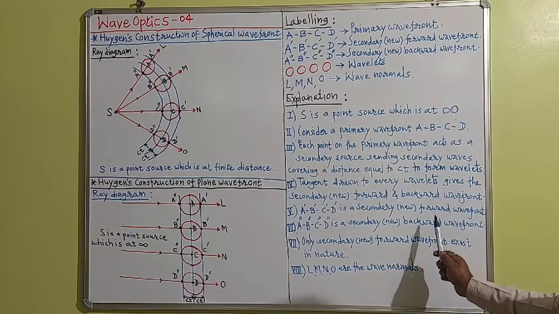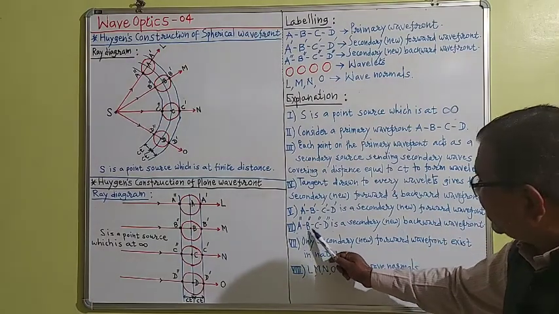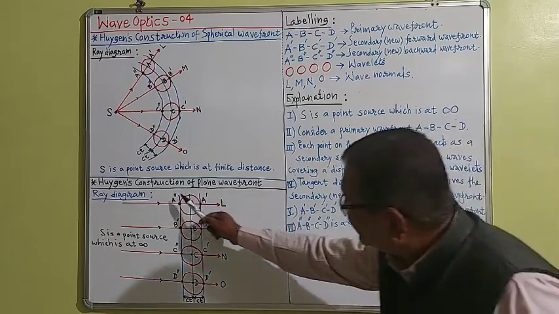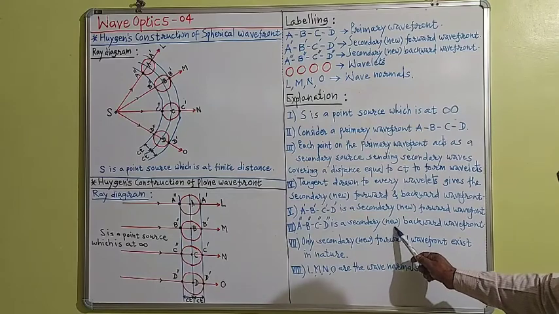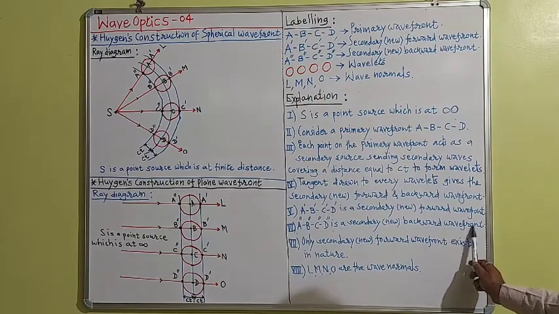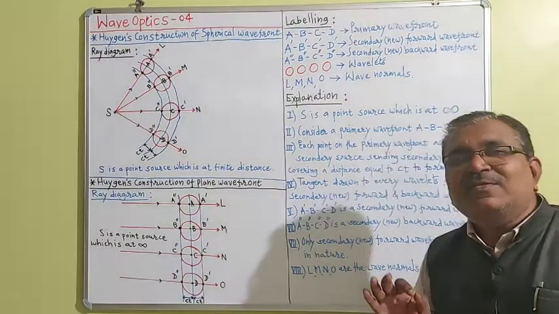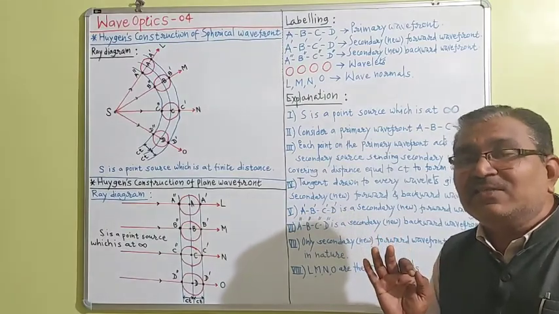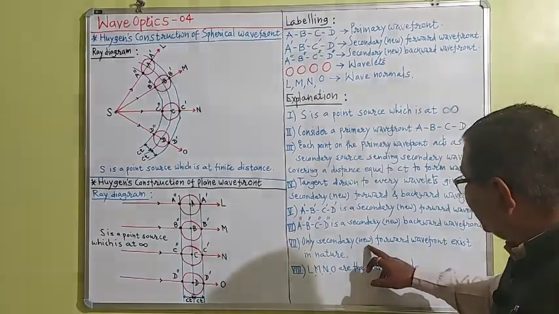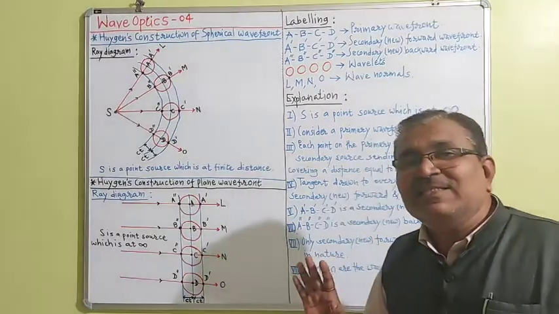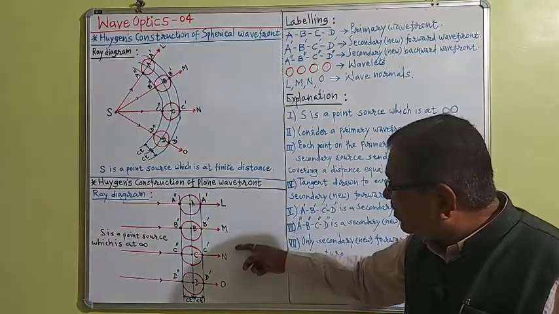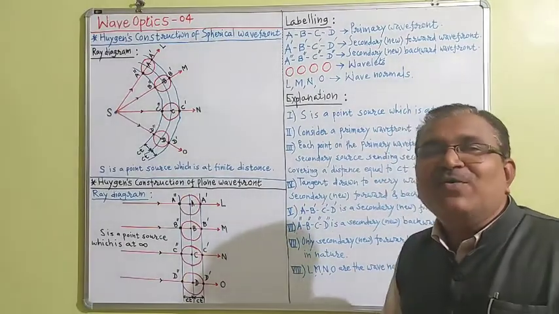A double dash, B double dash, C double dash, D double dash is a secondary (new) backward plane wavefront. And write down the second last sentence: only the secondary new forward plane wavefront exists in nature, and L, M, N, O are wave normals.